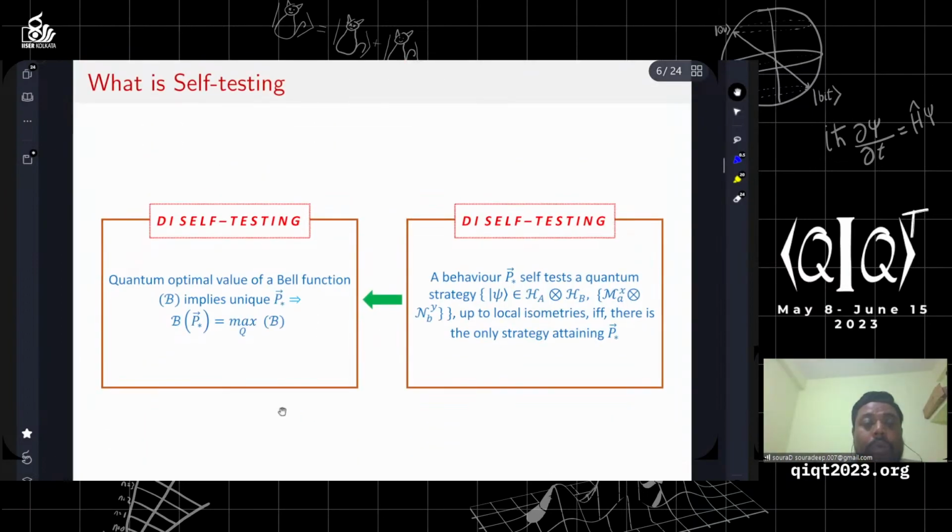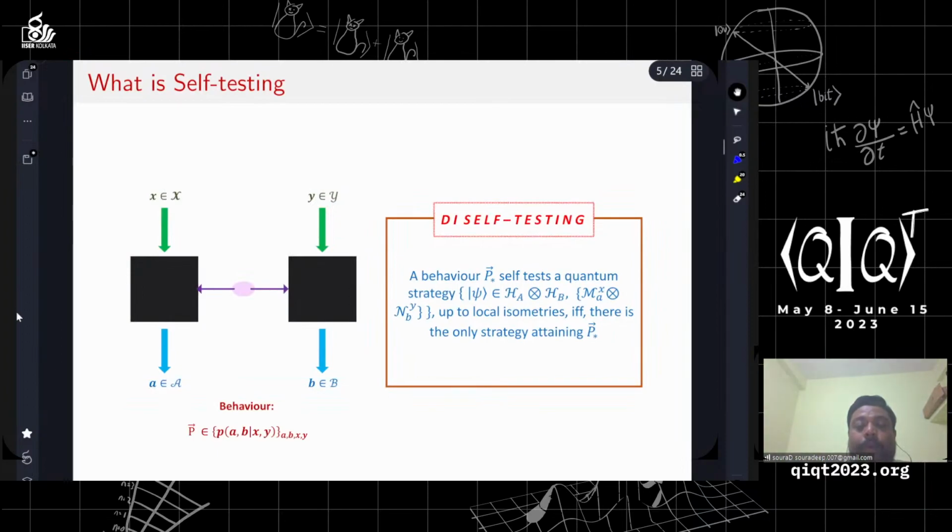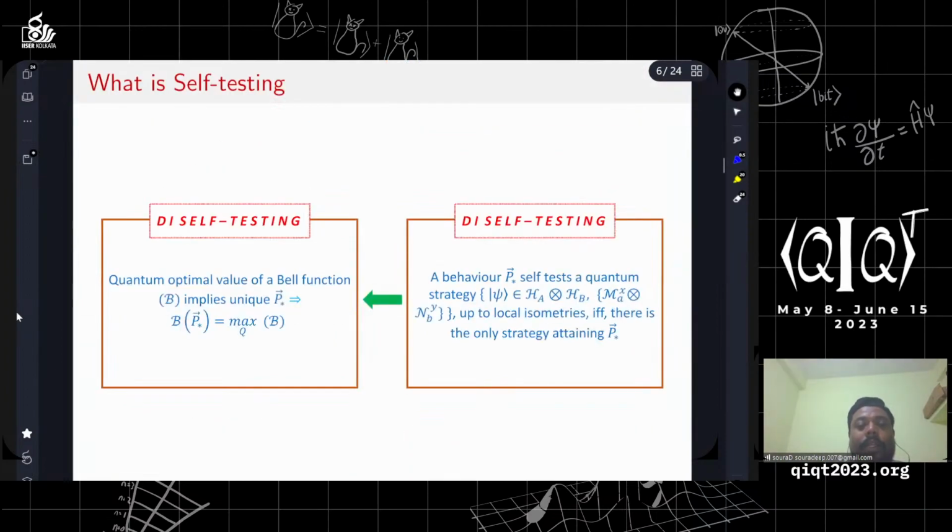Now, how to do that? There are two possibilities. Let's say we collect the behavior and we define a Bell function, and if the Bell function on that behavior gives the maximum achievable quantum value, then we can be certain that this behavior is unique.